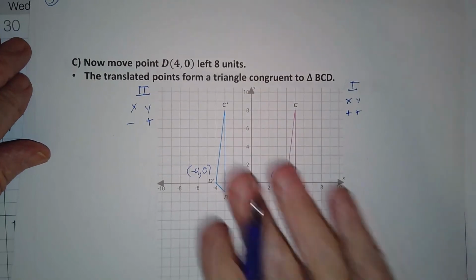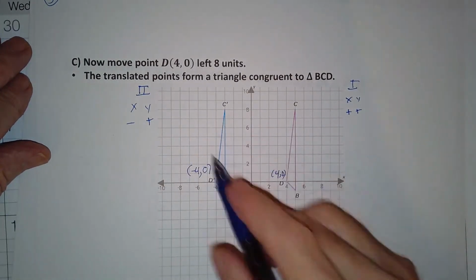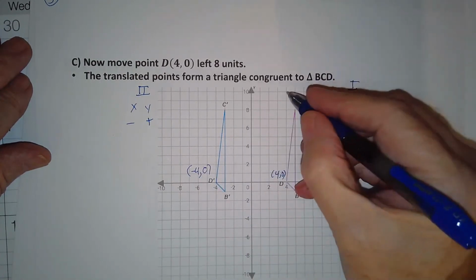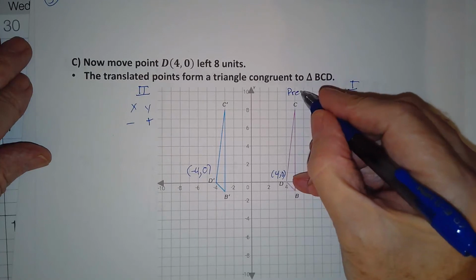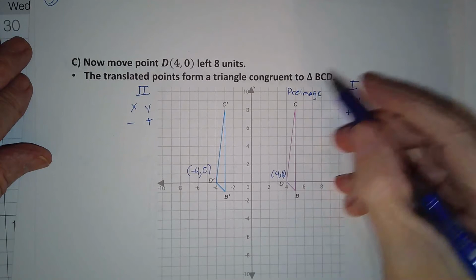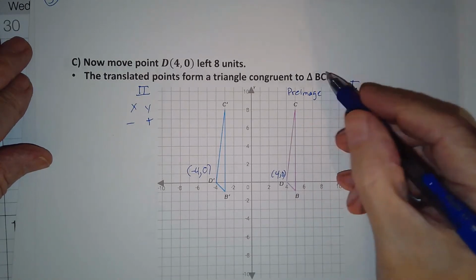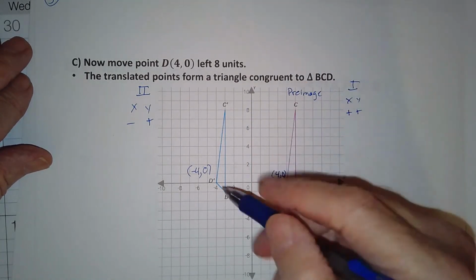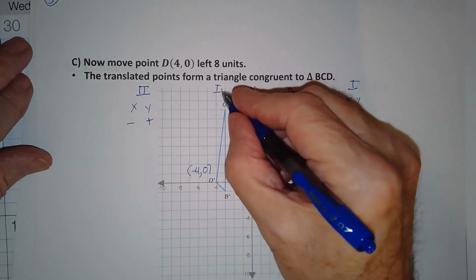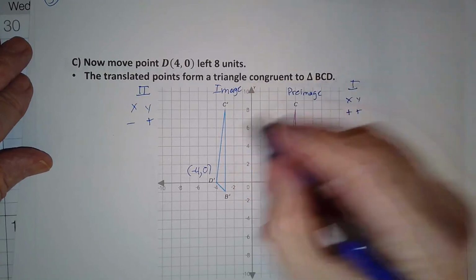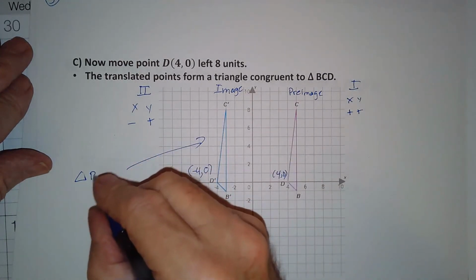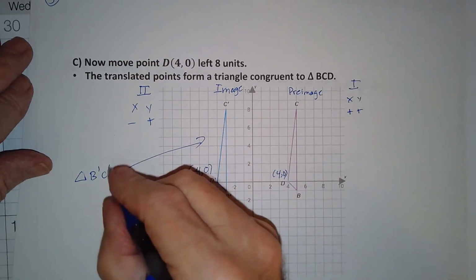Okay, so that then creates, once we draw our lines, a new triangle. So this is the pre-image. And note the pre-image uses the letters B, C, D without these little tick marks that we associate with the image. So this is the image, triangle B prime, C prime, D prime.